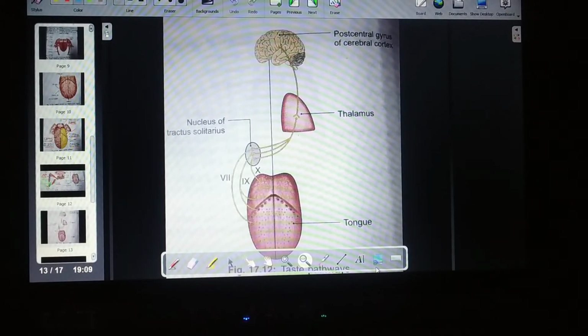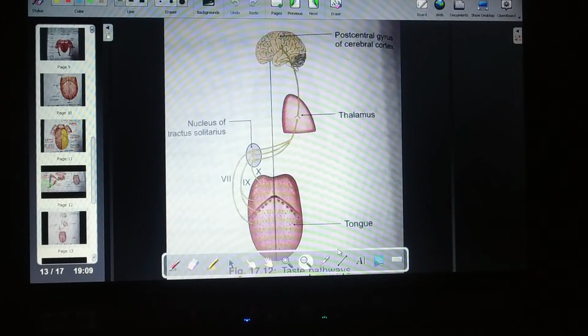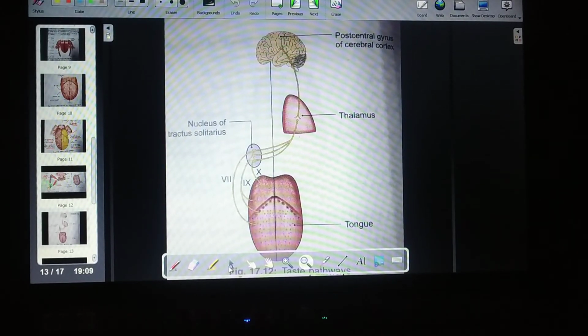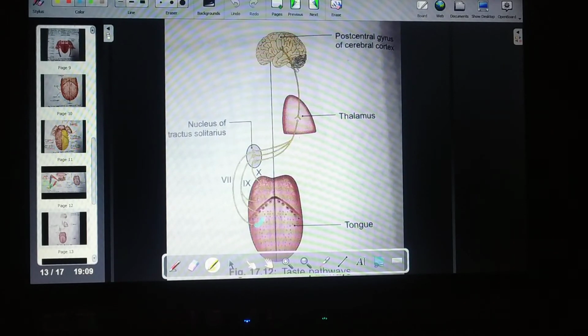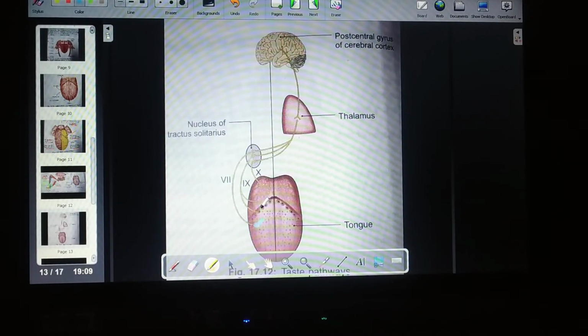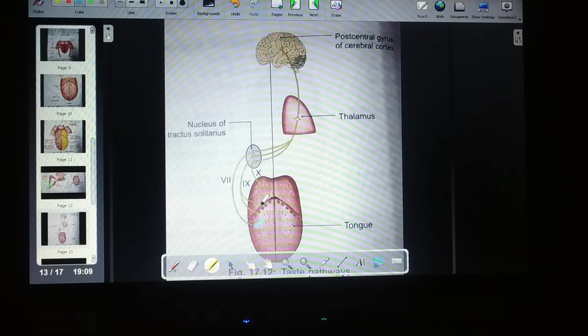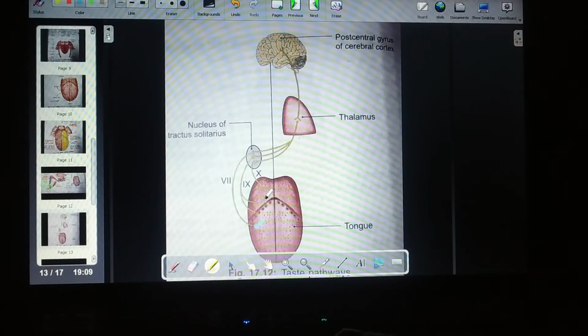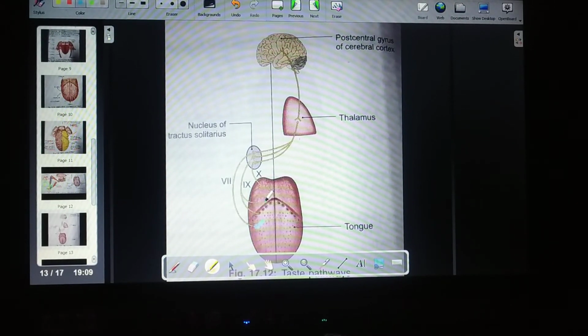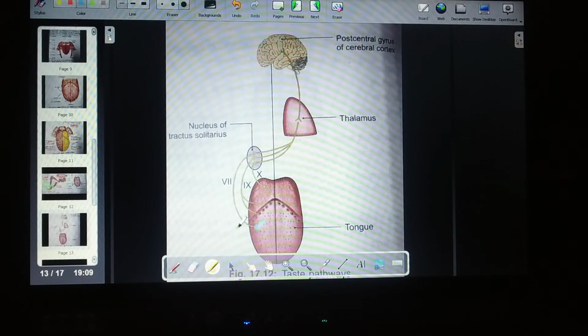Next is the taste pathway. As I told you, there are specific sensations: from the anterior there will be the 7th cranial nerve that will carry, then from the circumvallate papillae and the posterior the 9th will carry, and from the posterior most part the 10th cranial nerve will carry.